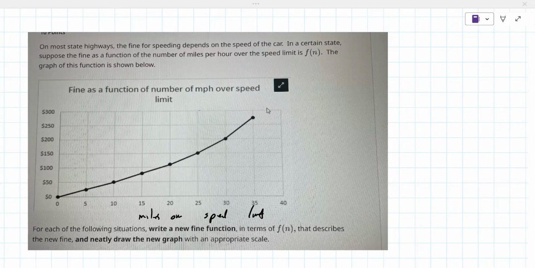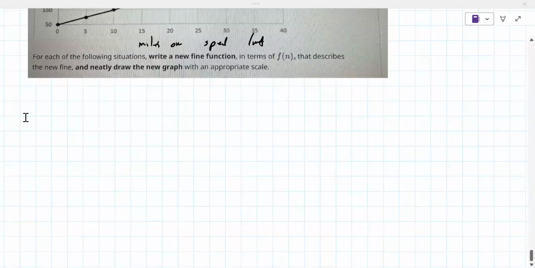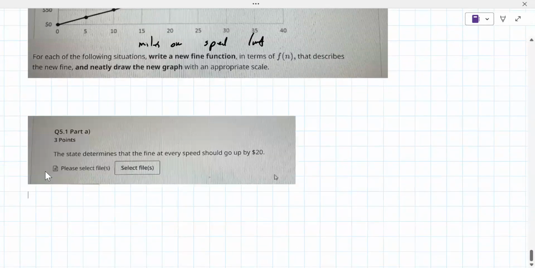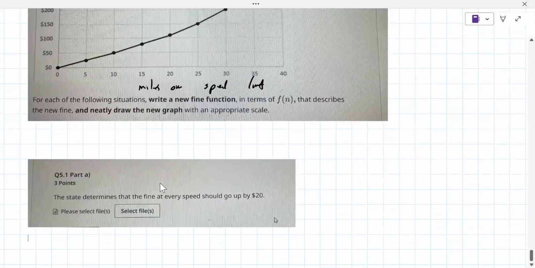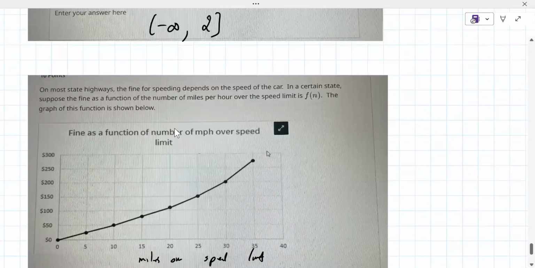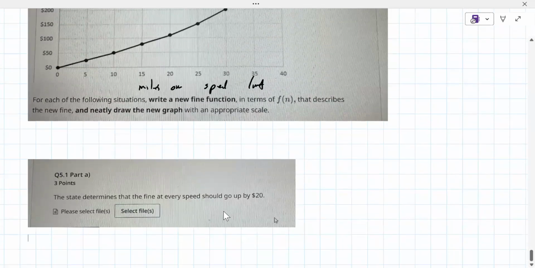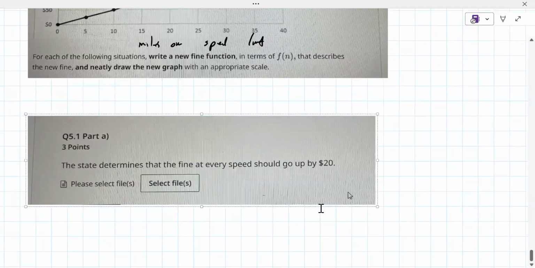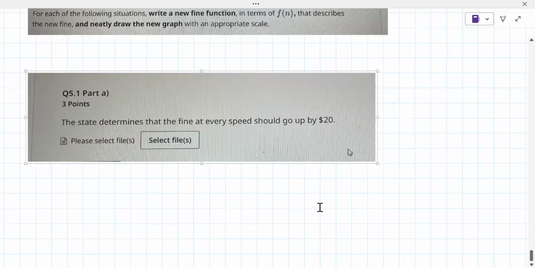We're probably not going to get very far into this, but the first part says the state determines that the fine at every speed should go up by $20. So that sounds like every speed. I'm a little unsure here, so it might be a good place to stop anyway, because I don't know if they mean $20 per mile per hour or $20 per 5 miles per hour.